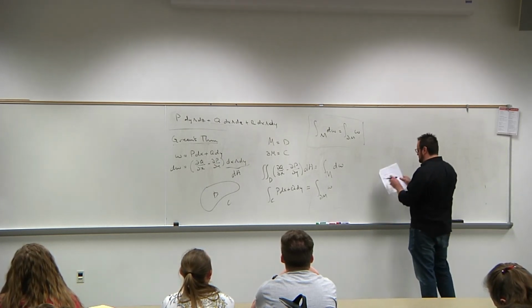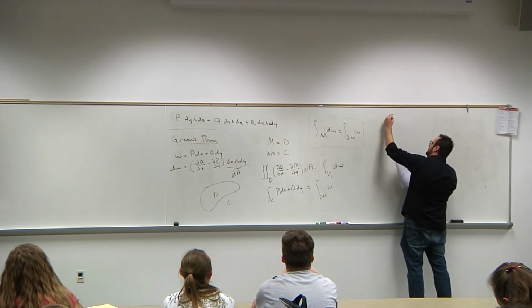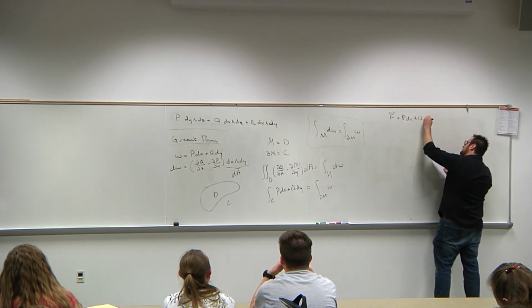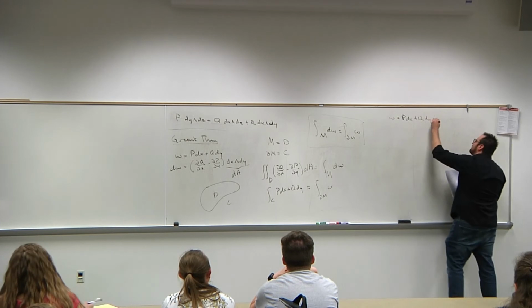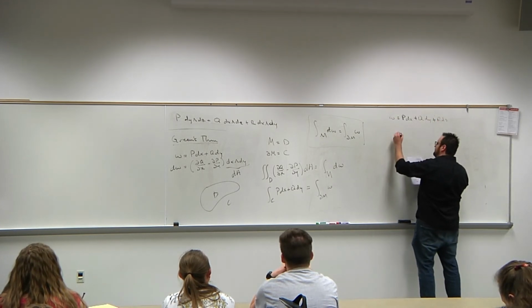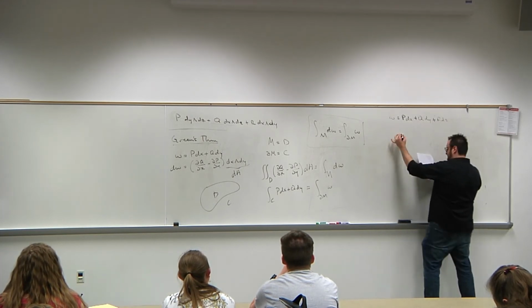I'm going to give you guys a result here to help you out. If F is equal to P dx plus Q dy, let's call this omega, not F, plus R dz, then, let's see, is that actually what I want to call omega? Yeah, I'll call that omega.